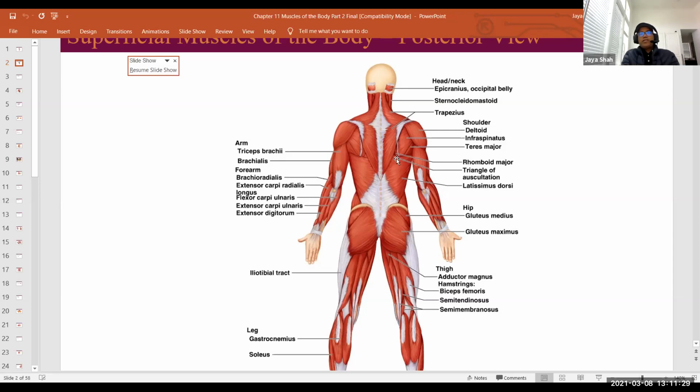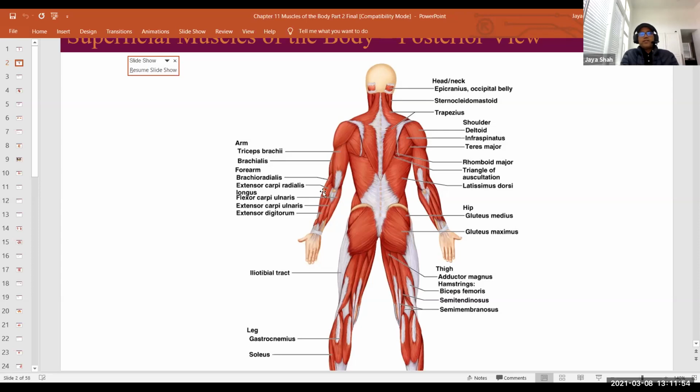There is rhomboids. Remove this muscle and you're going to see rhomboid major and minor. The angle between the trapezius and the latissimus dorsi, this is a small angle, is called the triangle of auscultation. If you put this stethoscope here, you're going to hear the lungs and heart sound.